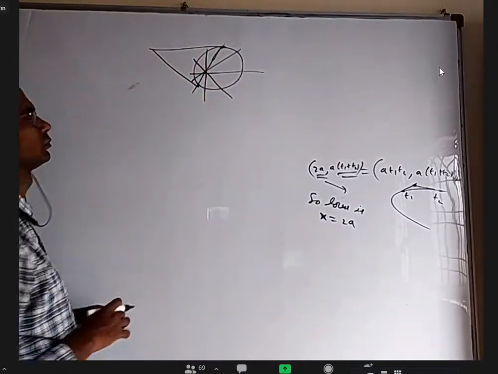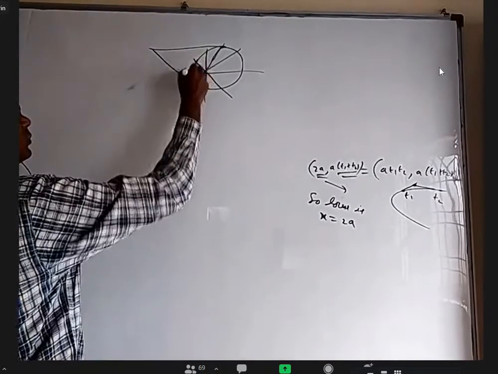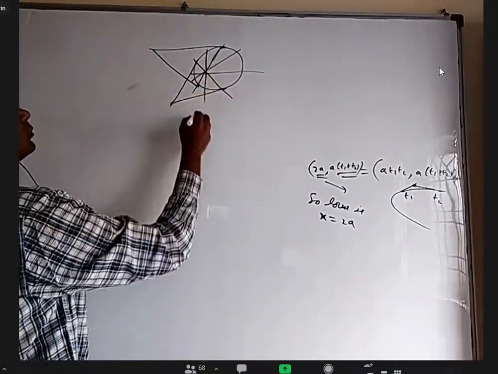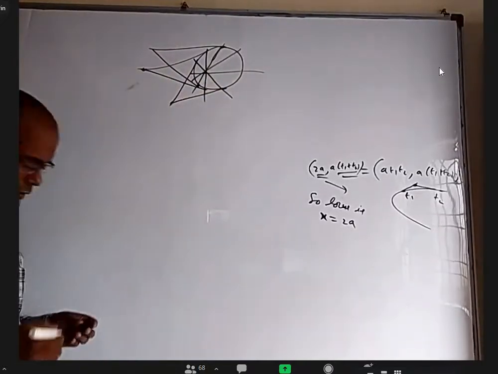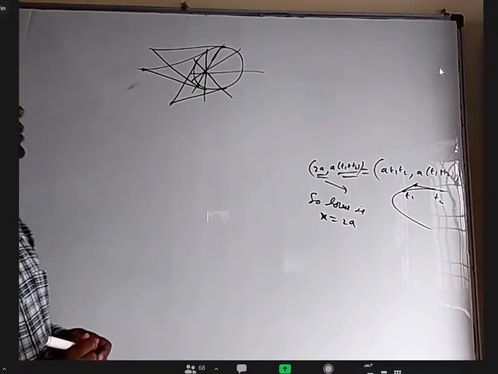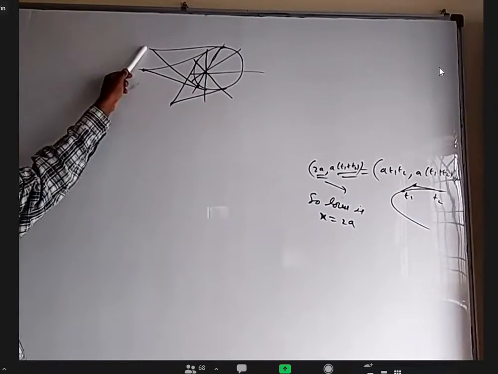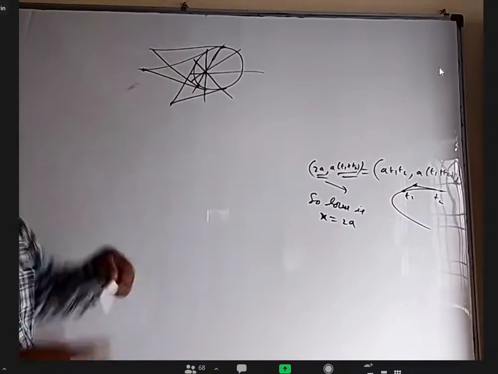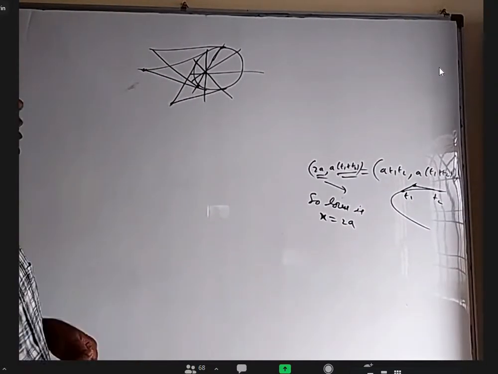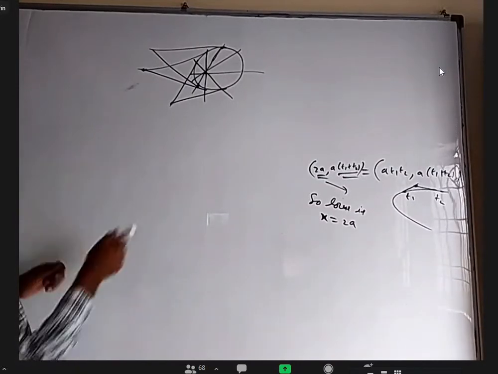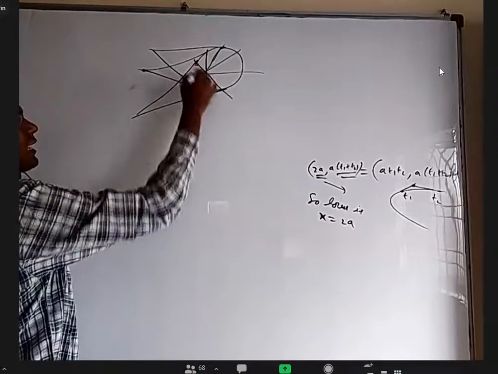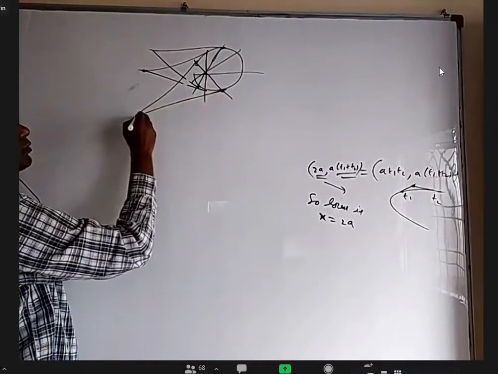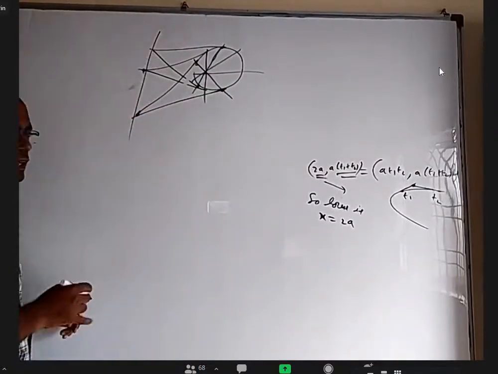Similarly, many chords will have tangents that intersect. So the locus of all those points where the tangents intersect is the polar. The polar definition: the locus of a point whose chord of contact passes through a given point is a line, and that line is called the polar. You can say: draw many chords through the given point, at the end of each chord draw tangents that intersect at one point. The locus of all those points is a line, and that line is called the polar.